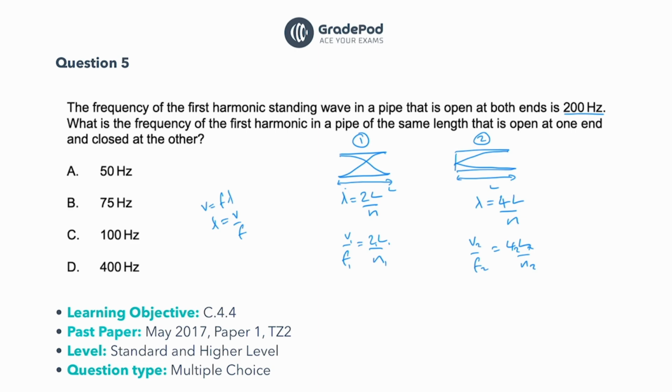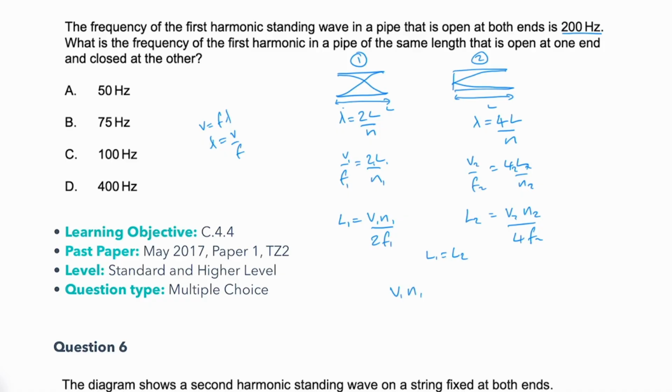We know that the length is the same for both of them, so we're going to rearrange both equations for L. L1 is equal to v1n1 over 2f1. L2 is equal to v2n2 over 4f2. L1 is equal to L2. So v1n1 over 2f1 equals v2n2 over 4f2.